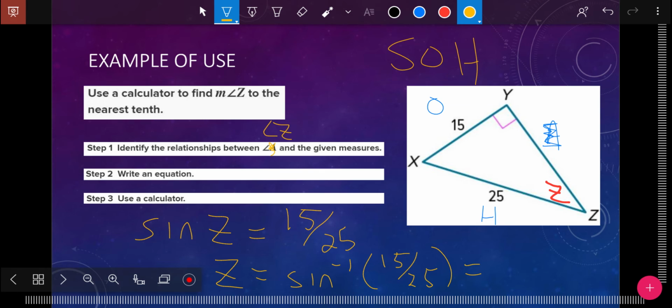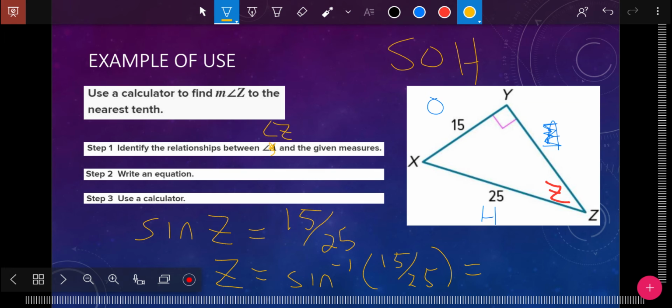If your calculator is one where you hit sine or cosine before you type the number at the beginning, then type it in like it looks. If your calculator is like the iPhone, you got to do the division first. So take your calculator, 15 divided by 25 equals, and your calculator will tell you 0.6. So you have to do 15 divided by 25 first and hit equals.